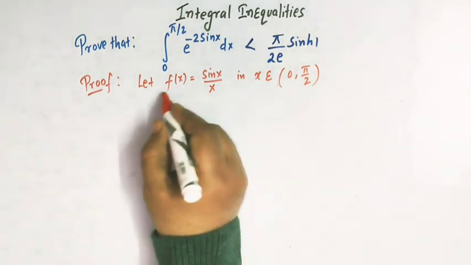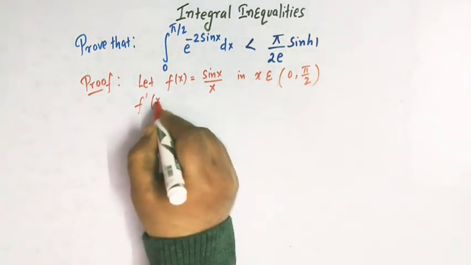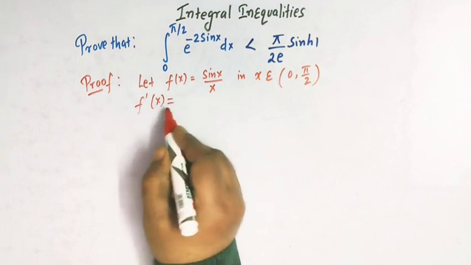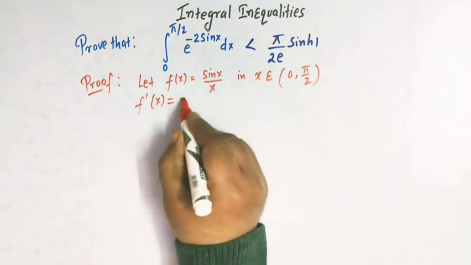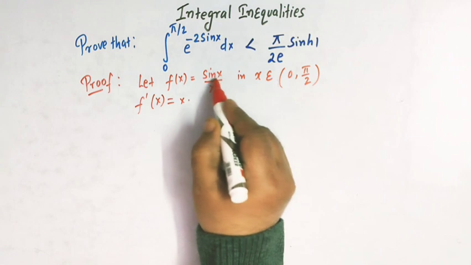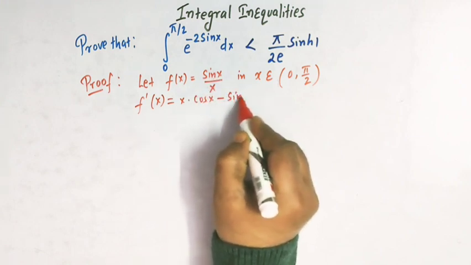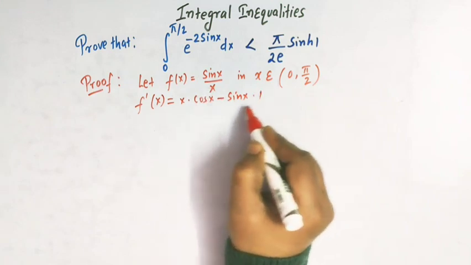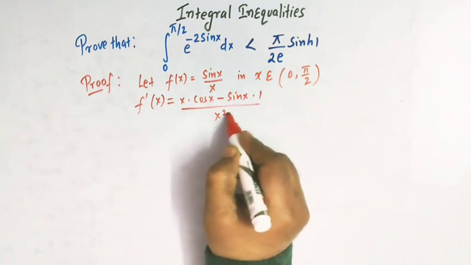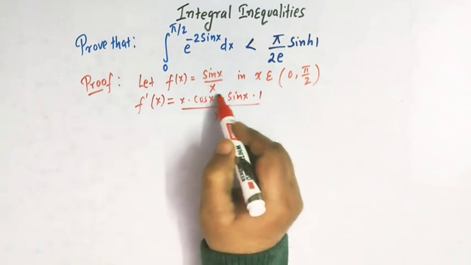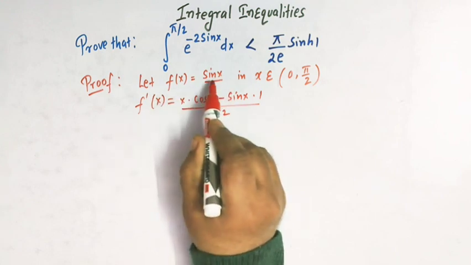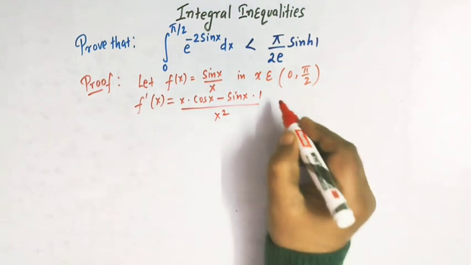So now let us first find the derivative of f of x. So f prime of x is x times the derivative of sine x, which is cos x, minus sine x times the derivative of x, which is 1, all over x square. We have used the quotient rule for differentiating sine x over x, right?